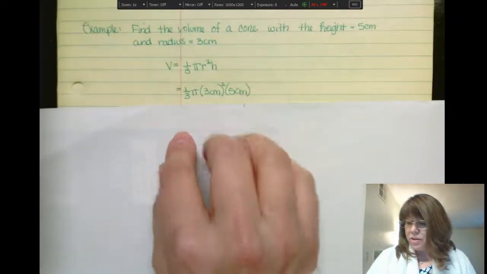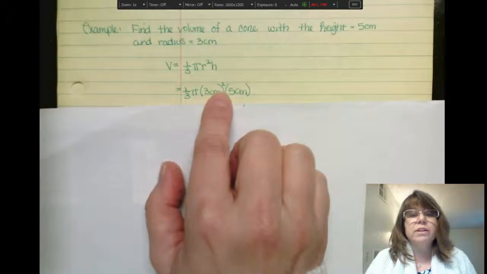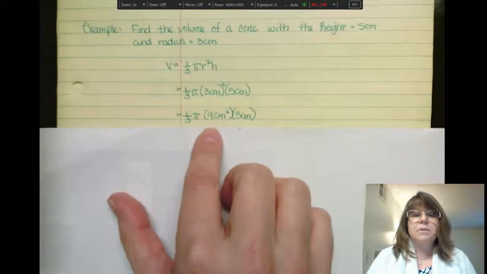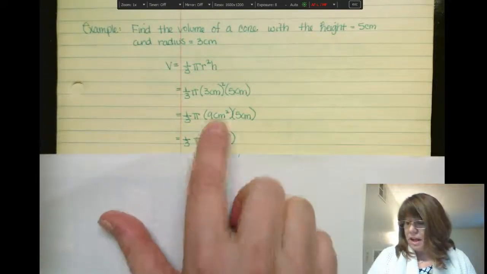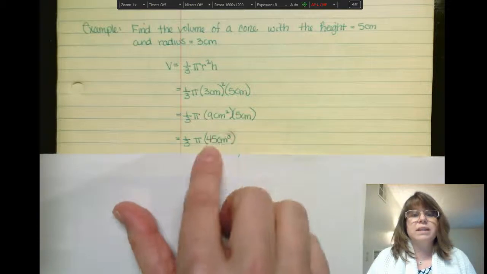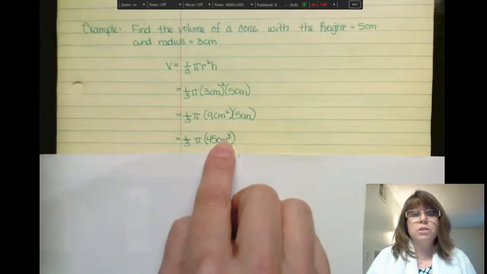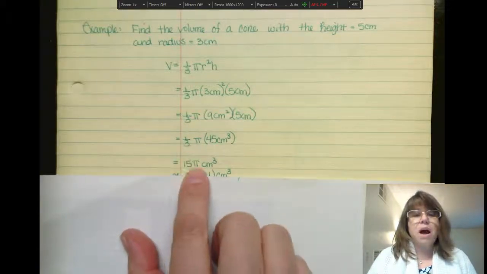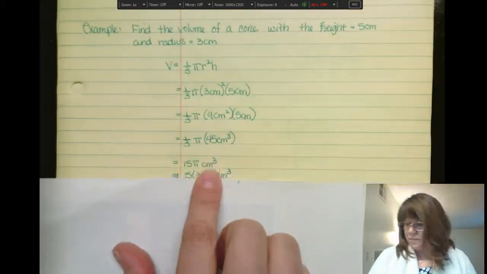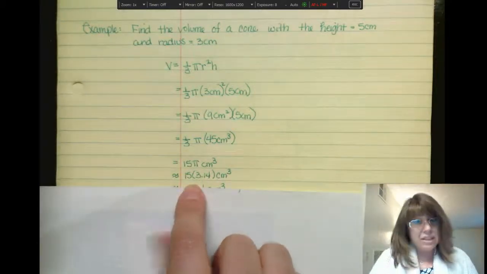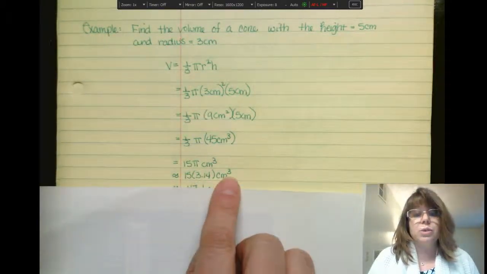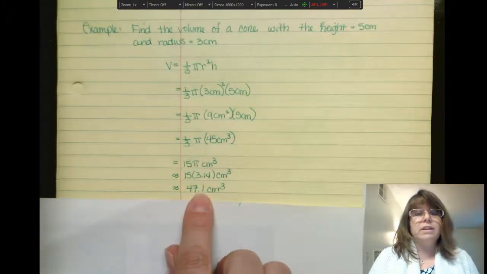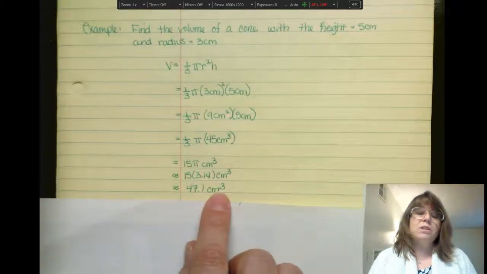We're going to have 1/3 pi, 3 centimeters squared, times 5 centimeters. 3 centimeters squared is 9 centimeters squared. 9 centimeters squared times 5 centimeters is 45 centimeters cubed. 45 times 1/3 will give me 15 pi centimeters cubed. That's approximately 15 times 3.14, giving me 47.1 centimeters cubed rounded, which would be the volume of this cone.